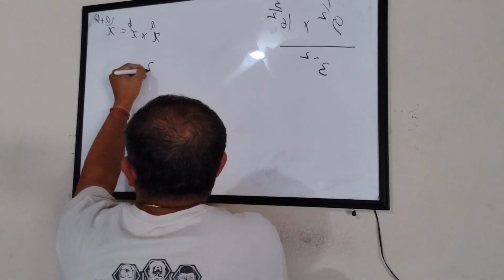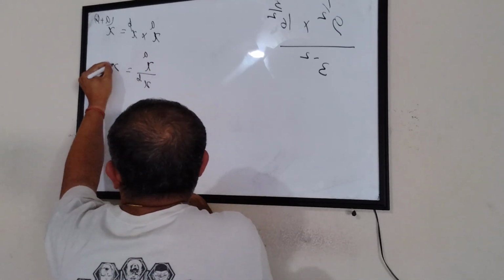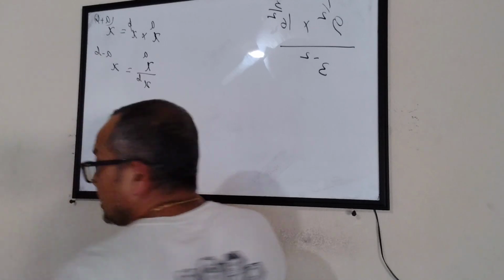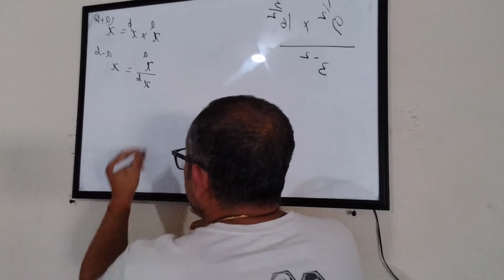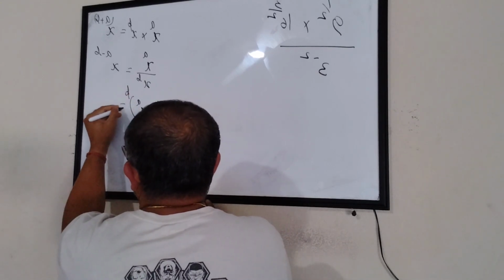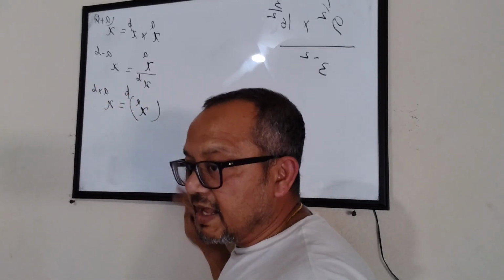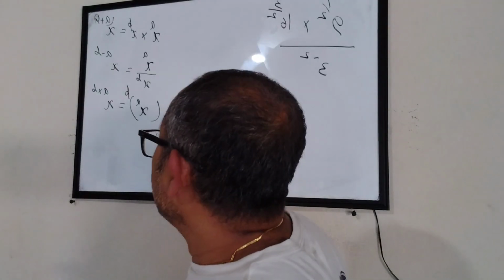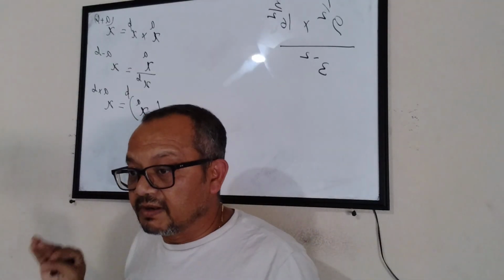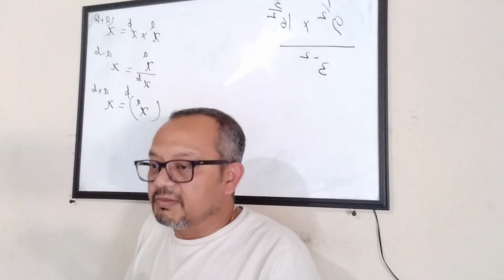Second rule says x to the power a divided by x to the power b equals x to the power a minus b. Third rule says x to the power a in bracket to the power b equals x to the power a times b. These are rules that will be part of your muscle memory going forward.